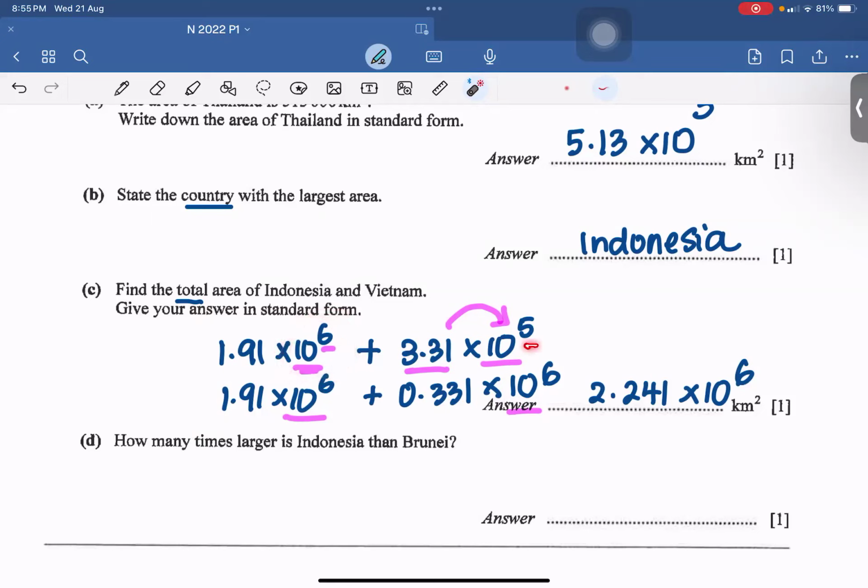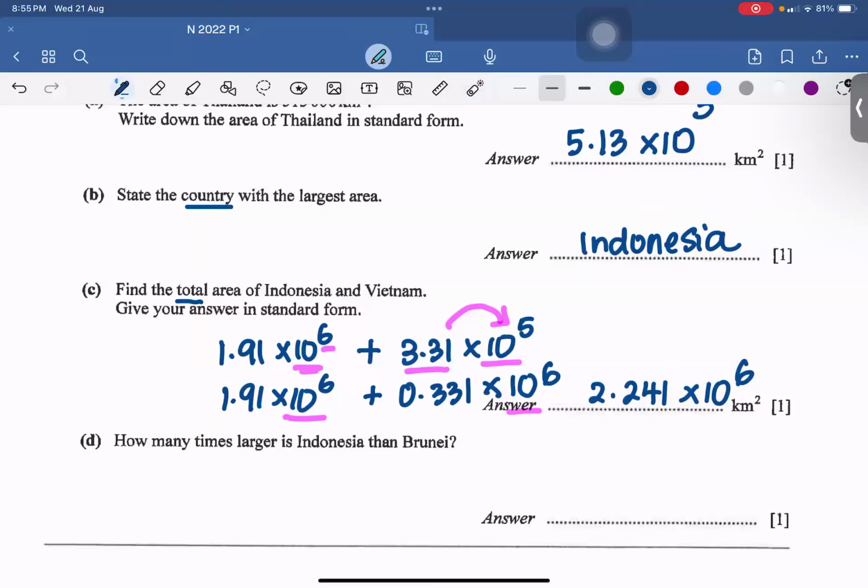This power is smaller, right? I try to keep to the higher power. I'm going to make one of the 10s go over to this side. I take out a 10 from here and divide by 10, so shift a decimal place. Then I give it over to this side, 10 to the power 6. Now both of them have the same power. I add up the numbers here. Then I get my answer.